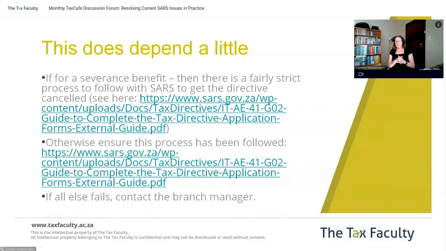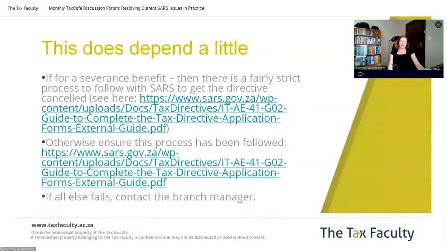I got feedback from the person who sent me the email, so thank you. And the feedback from the person who sent the directive question was that they went to SARS, did exactly as suggested, went to the tax practitioner, got the directive cancelled, but the cancellation was only processed through the e-filing system once the RP5s and EMP501s were issued. Okay, so it took a little bit of time for that to wash out through the system.